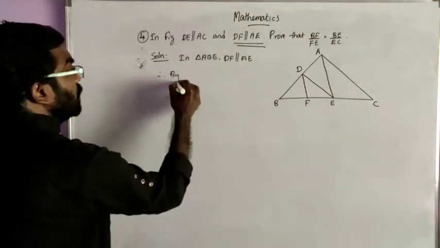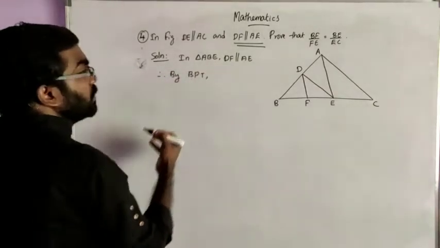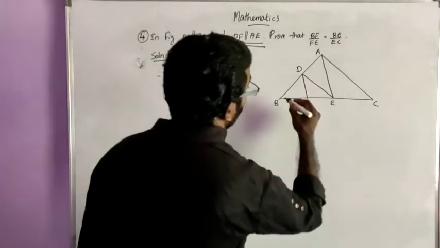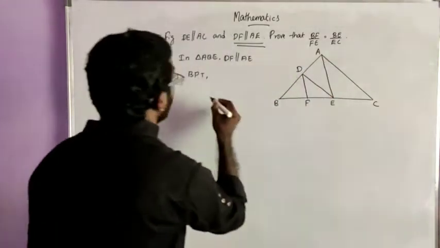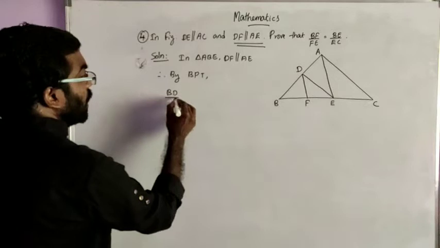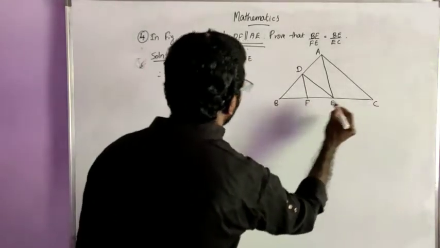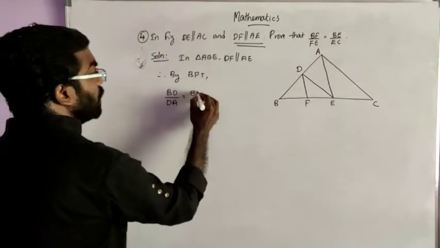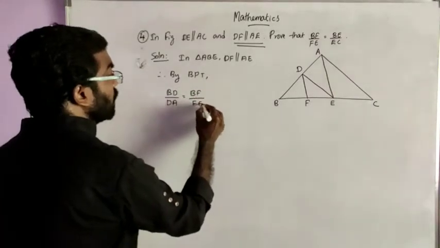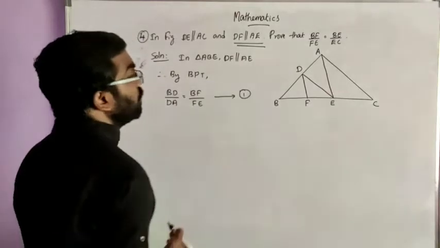Therefore, by basic proportionality theorem, what we can write? BD by DA will be equal to BF by FE. We can take it as equation number 1.